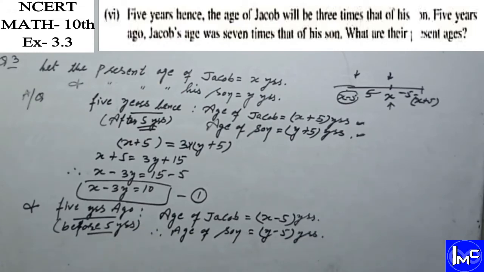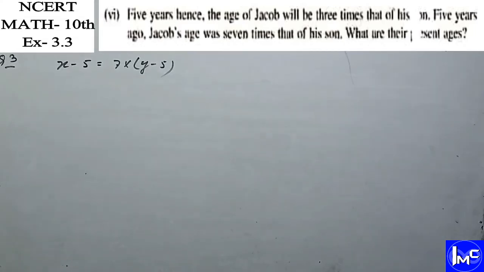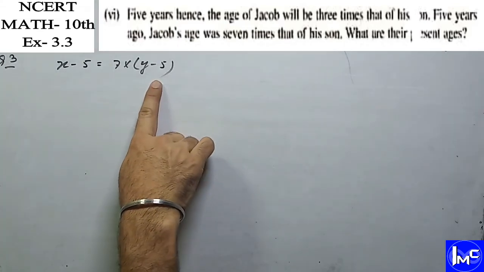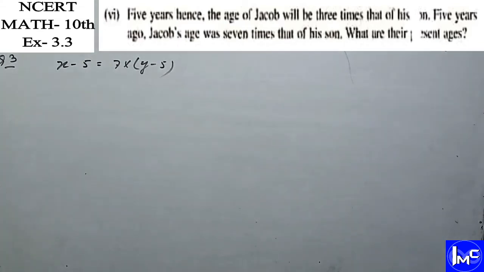And so the relation between their ages at that time is Jacob's age, means x minus 5, is 7 times the age of his son. And now we have reached at this step. Now we will simplify this.